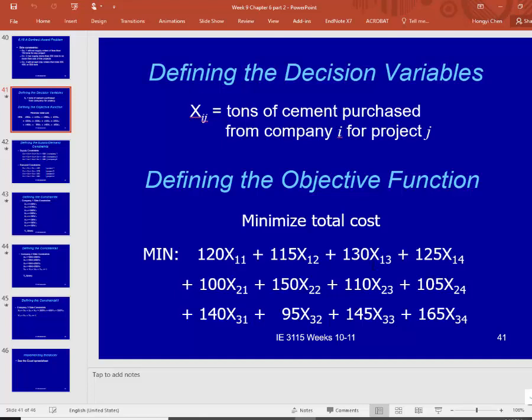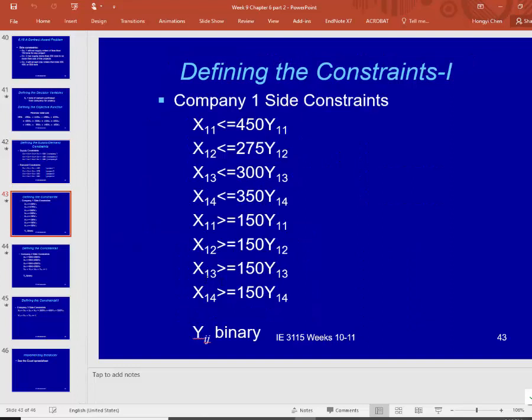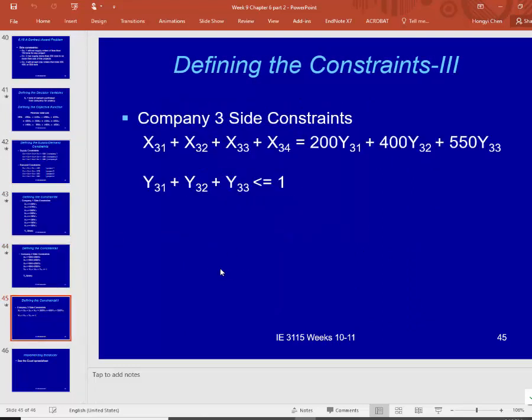Objective function, the very basic transportation problem, the sum product of the unit cost and the shipments. Then the 2 groups of basic constraints for the transportation problem, and then the first side constraint, second side constraint, and the third side constraints.